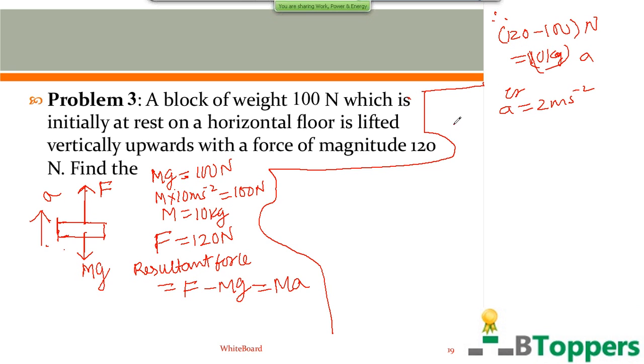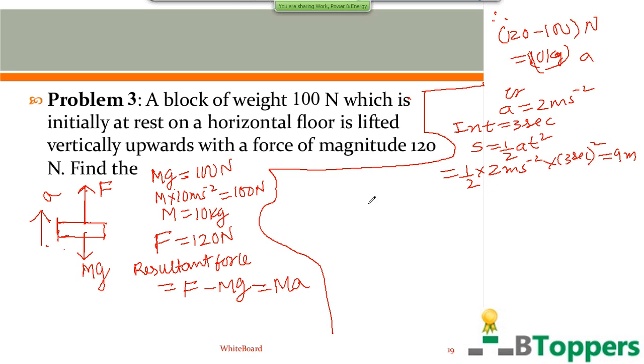The body starts from rest and moves with constant acceleration. Then the magnitude of the displacement covered in time t is given by s equal to half at square. So to find the magnitude of the displacement in the first 3 seconds, you can substitute t equal to 3 seconds in the equation s equal to half at square. a is 2 meters per second square, t equal to 3 seconds. So the magnitude of the displacement in the first 3 seconds will be 9 meters.